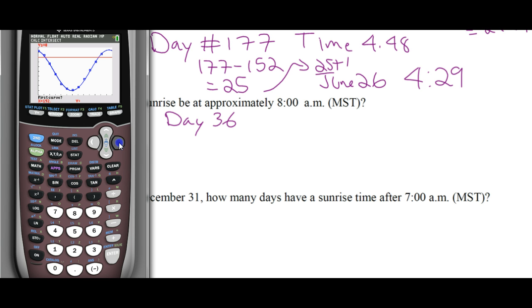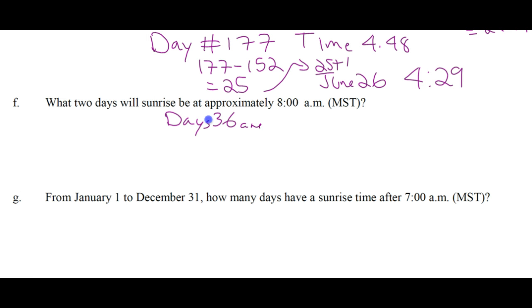So day 36, and it says approximately 8 a.m., so it's never necessarily going to be exactly 8 a.m. And the other is 318.74, so days 36 and 319. We set y2 equal to 8 and did second calc intersect.